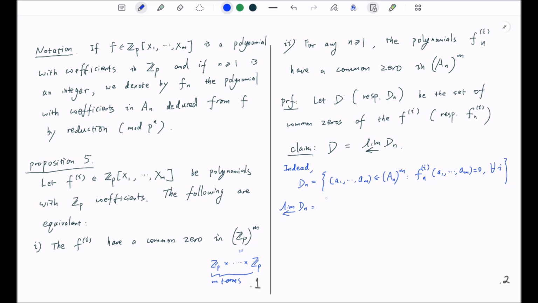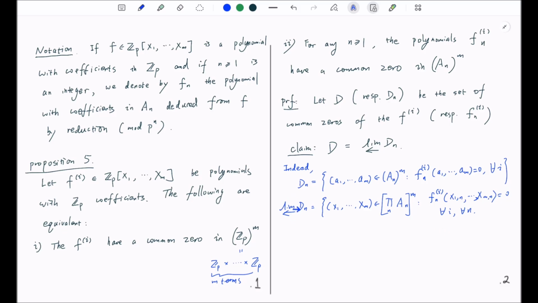The elements here will look like x_1, ..., x_m, where each x_i is an infinite vector. And we still have this, except that now we are going to look at the nth components of this. This is for any i and any n.